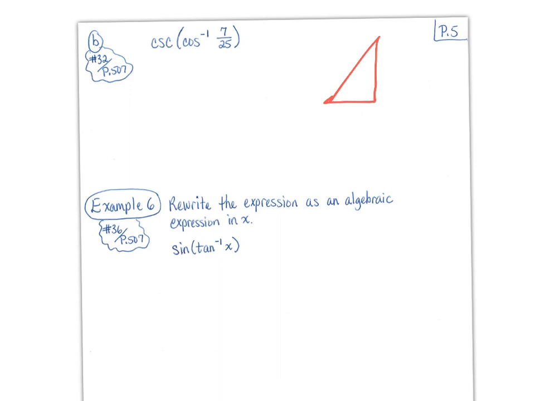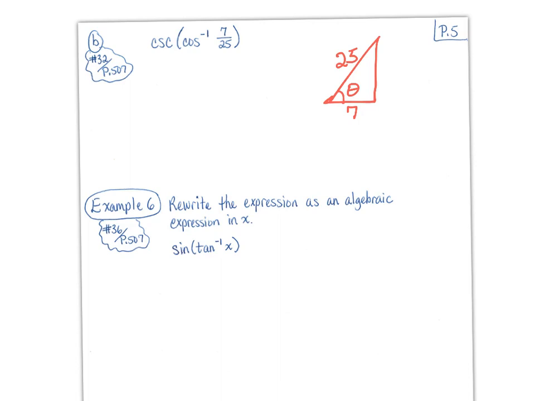Is it in the bottom left, top? Bottom left, theta. And then it says cosine is adjacent over hypotenuse. I labeled the adjacent as 7 and the hypotenuse 25. Very good. And you said that's true because cosine of theta would be adjacent over hypotenuse, so you get 7 and 25 there.